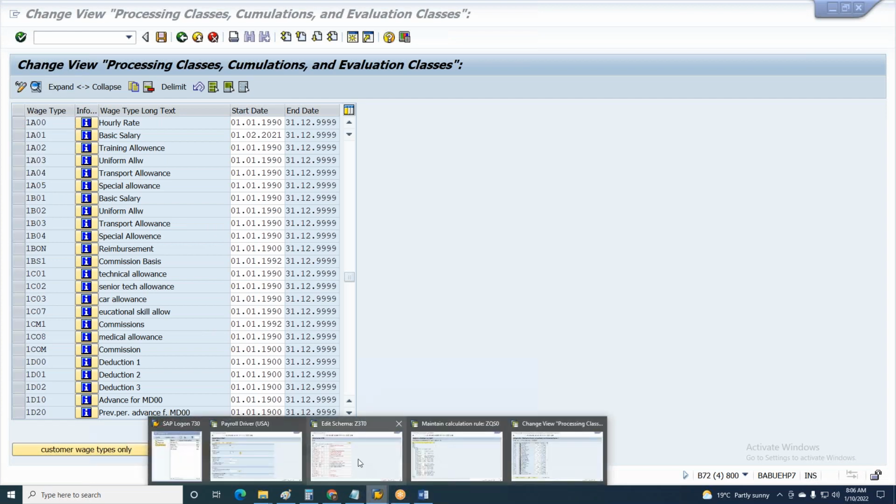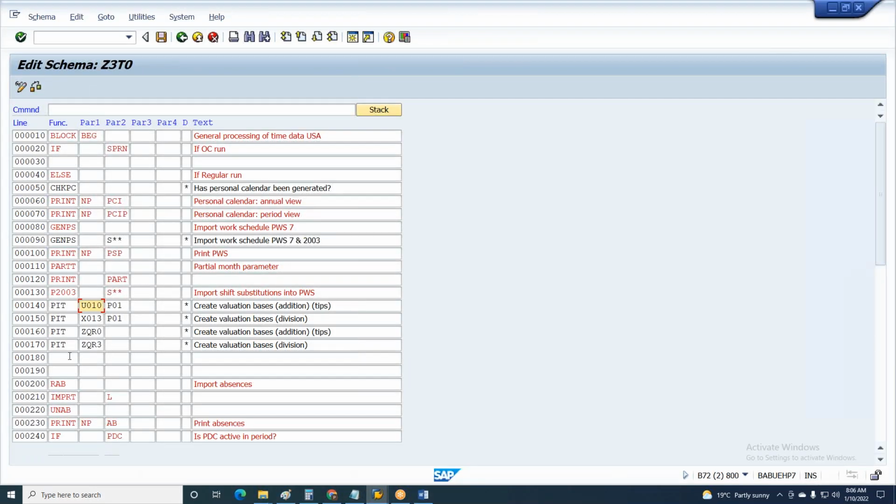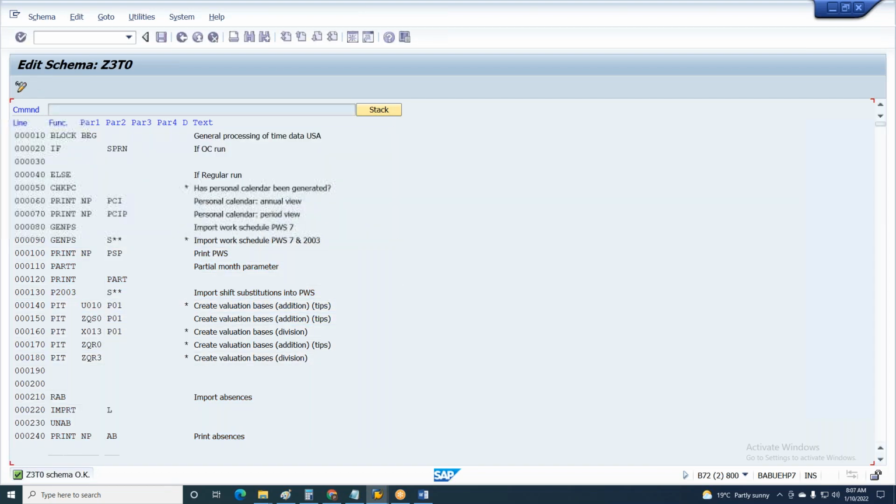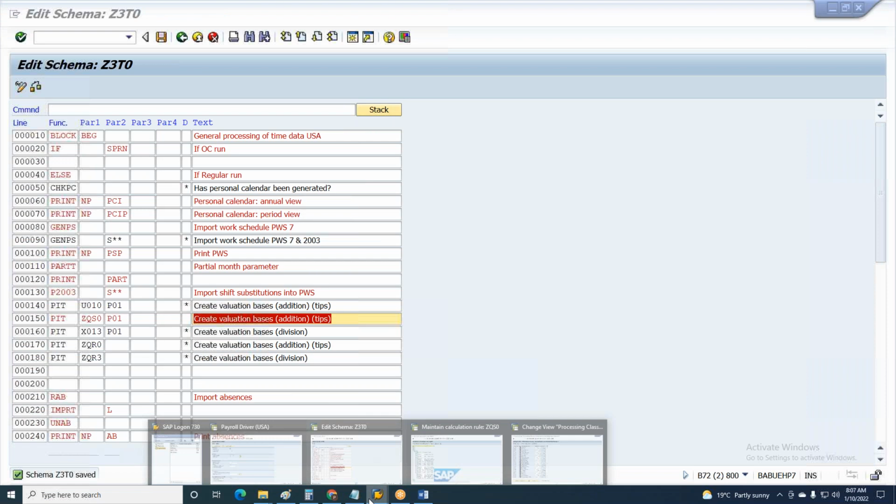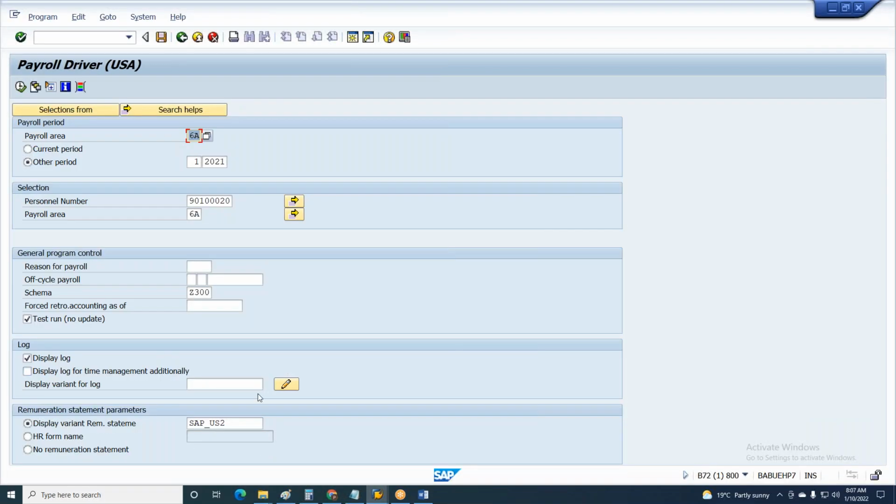Verify if the rates are calculated. PIT, it's a copy of ZQS0 processing class 01. Okay, verify it. Are we getting the basis?